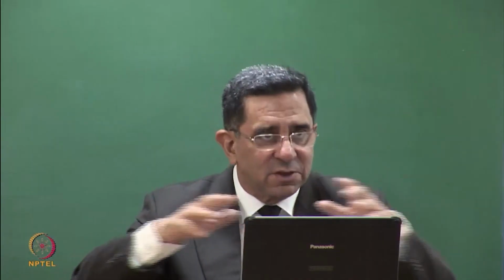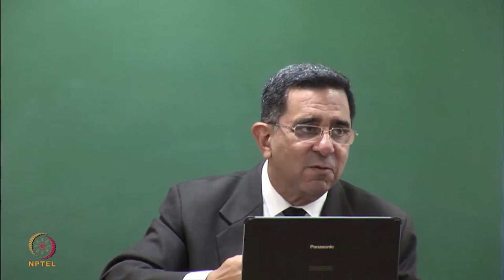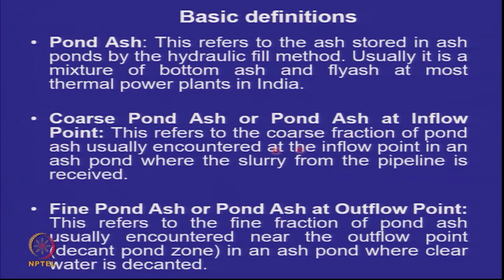As the water goes further and further away, its velocity dissipates more and more. So, coarser particles are near the inflow point, finer particles are near the outflow point or the outlet or the decant well.